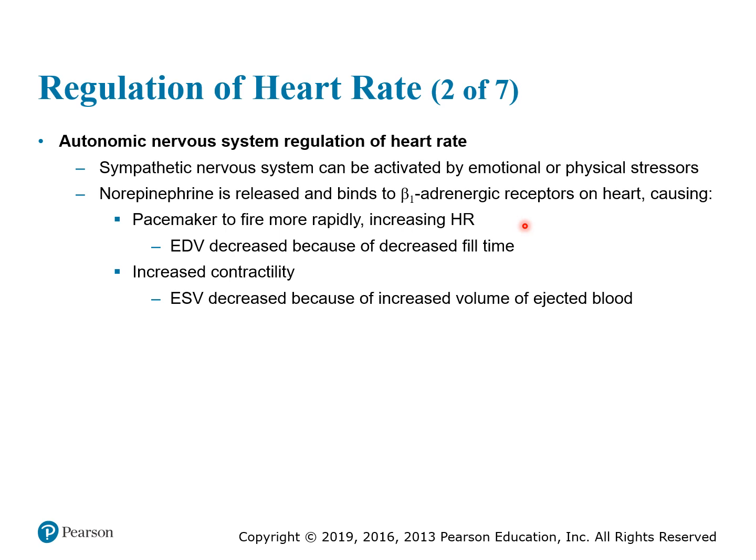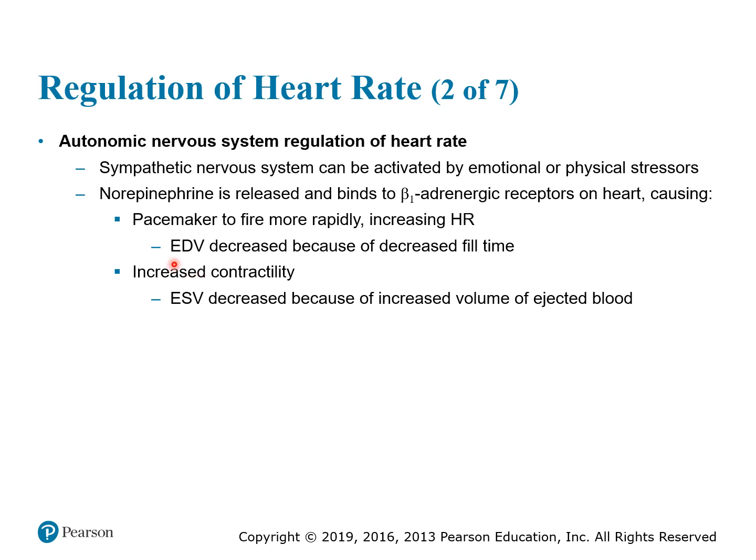And when the heart rate is increased, the end diastolic volume decreases. Why? Because the ventricle is not getting enough time to fill up. And the other effect of the sympathetic nervous system is on the contractility. It also increases the contractility. So the sympathetic nervous system has a positive chronotropic and positive inotropic effect. When contractility is increased, the end systolic volume also decreases.